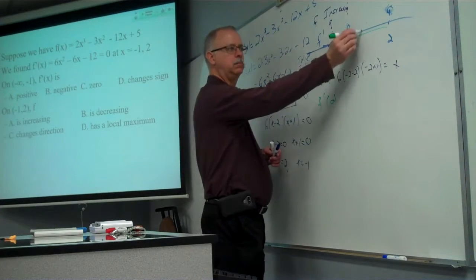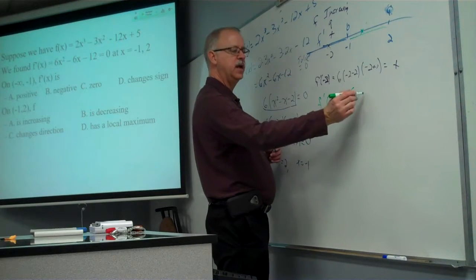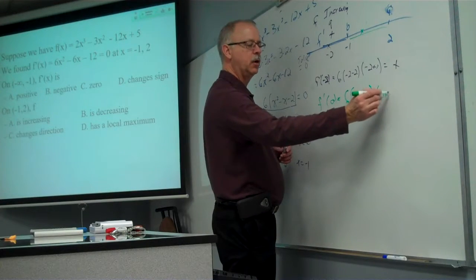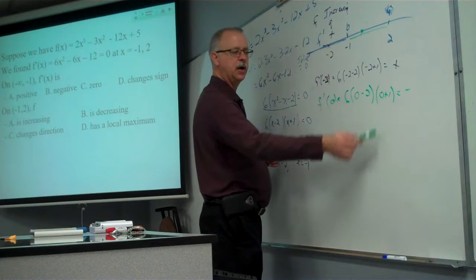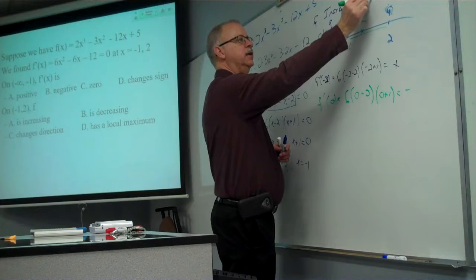Pick, say, 0. That's in that interval. At 0, our derivative is 6 times 0 minus 2 times 0 plus 1. 6 times a negative times a positive is going to be negative, which tells us our function is decreasing.